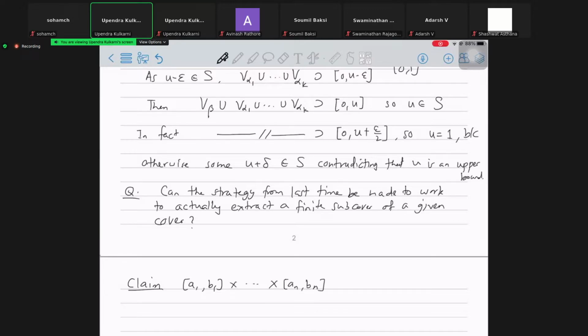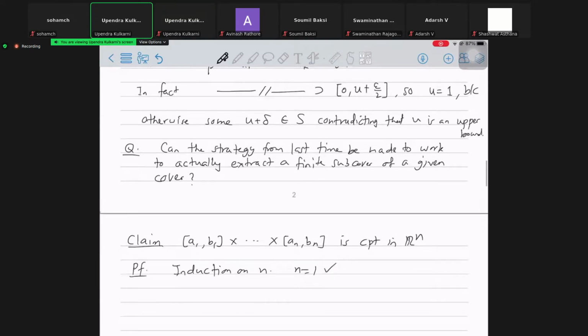So this closed box is compact in R^n. So recall we are going to use the p equal to infinity metric. So proof, and of course we are going to do induction on n. N is equal to 1 is done already. So I start as before.